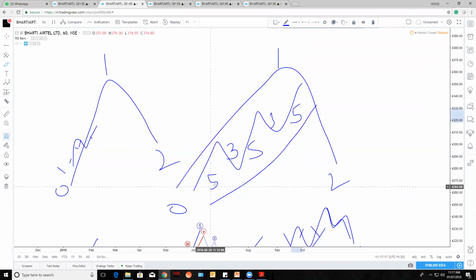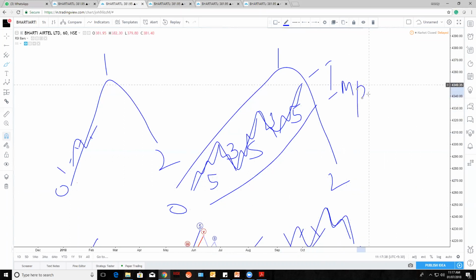Got it? Here you are getting 1 2 3 4 5 again. It's a 1 2, that's a 3 wave. Here you are getting 5 waves, that is 1 wave, 2 wave, 3 wave, 4 wave and 5 wave. Here you are getting 2 waves and here again 5 waves. So this 5 3 5 3 5 structure is called an impulse wave. Got it?